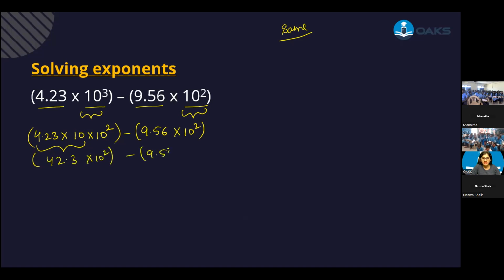Minus 9.56 into 10 square. Now, I have the same exponent, so I can add or subtract these two numbers. I can also take 10 square common. That is the same case. We are solving like this: 42.3 minus 9.56. Can anybody solve this for me?